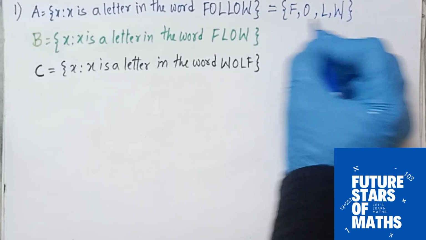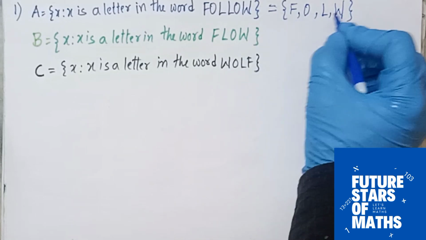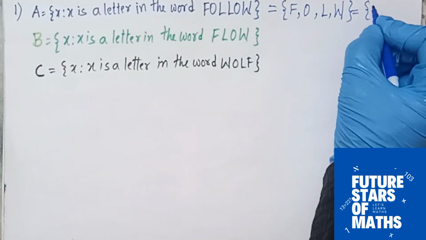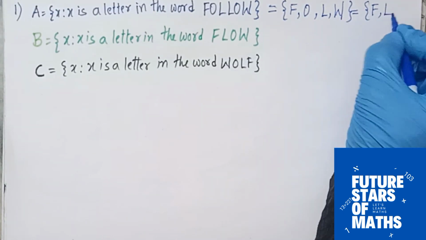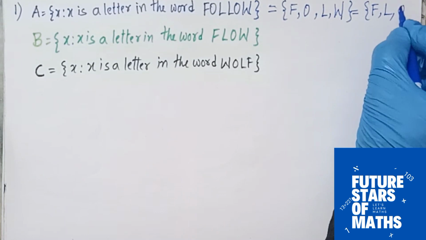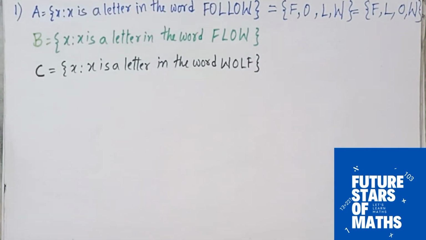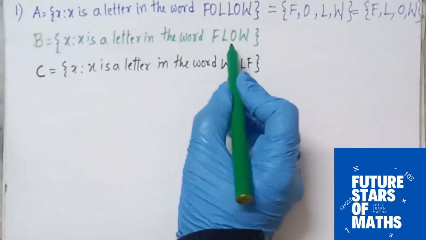Now we have to check whether it is in alphabetical order or not. It's not in alphabetical order, so let's write it in alphabetical order. So first F, then we have L, then O, then W. Now the next set is B equal to {x such that x is a letter in the word FLOW}.